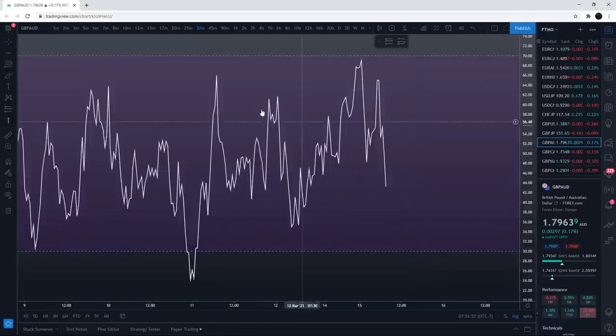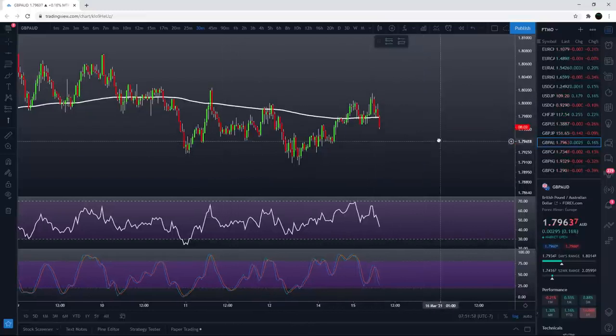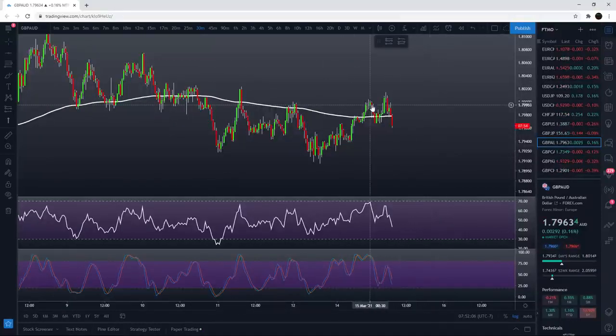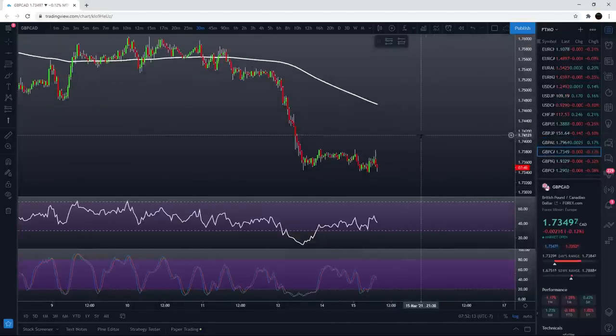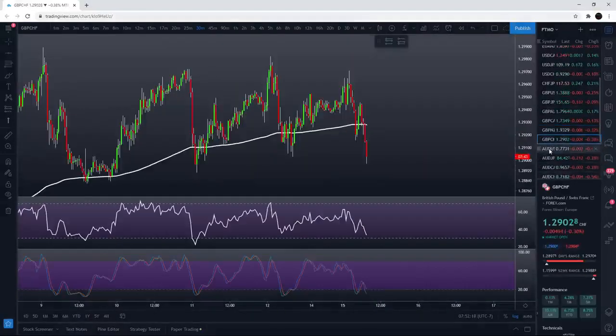So this peak right here on the RSI compared to this peak, even though we got the lower high on the price, we got a higher high on the RSI. So hidden divergence, bearish, would be looking to short that, but it was above the 200 and stochastic's already crossed down and everything. So just look here, no entry, nothing.